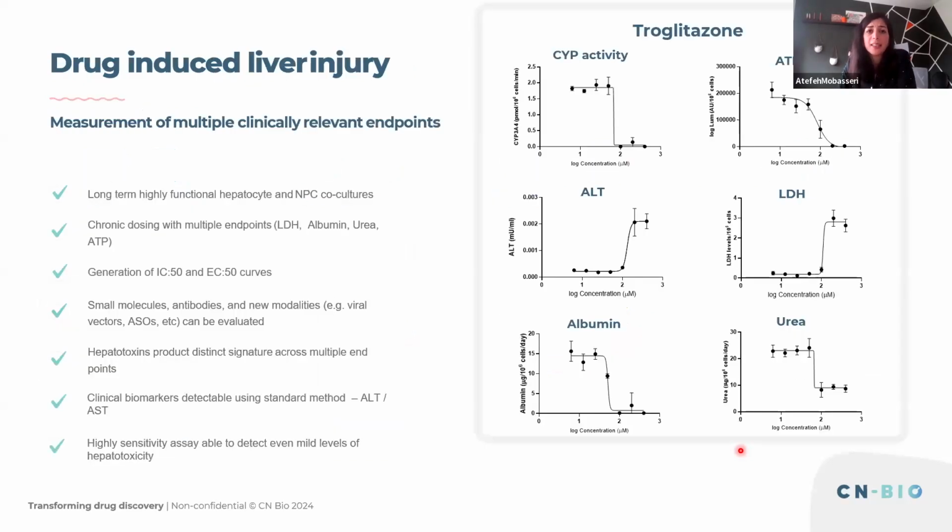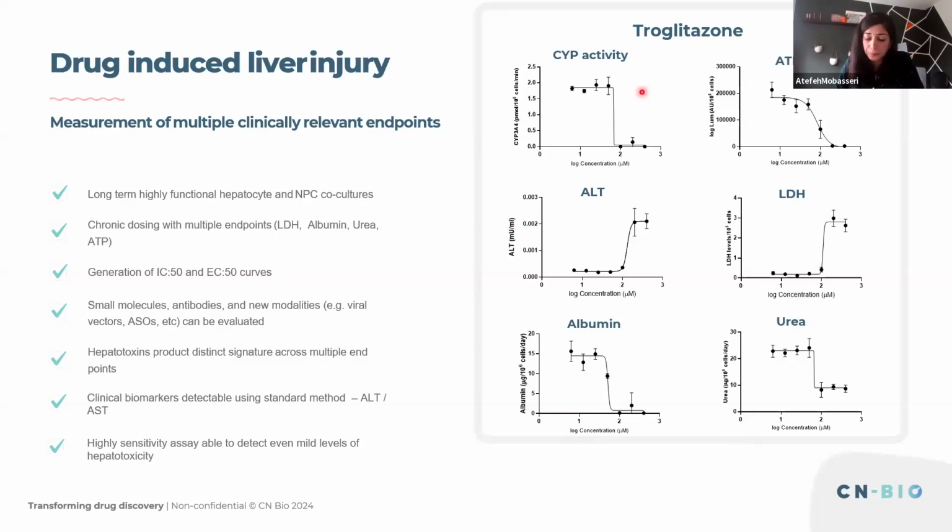One classical example of testing the system and validating this model is using troglitazone. Troglitazone was approved by the FDA and on the market, and it was used for a couple of years, but it was withdrawn because of its DILI concern.